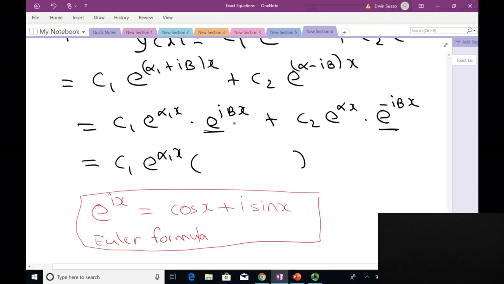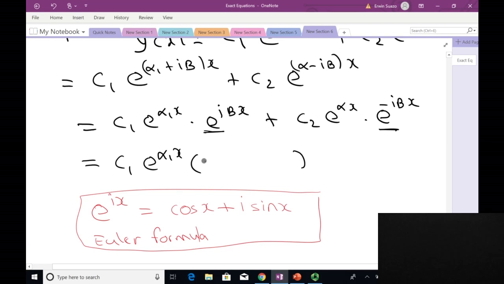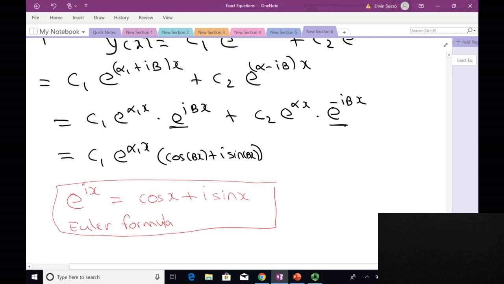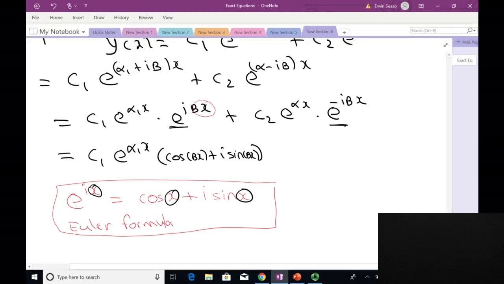So we replace over here cosine beta x plus i sine beta x, right? Because I have x here, but now I have beta x, so I just replace it with beta x.